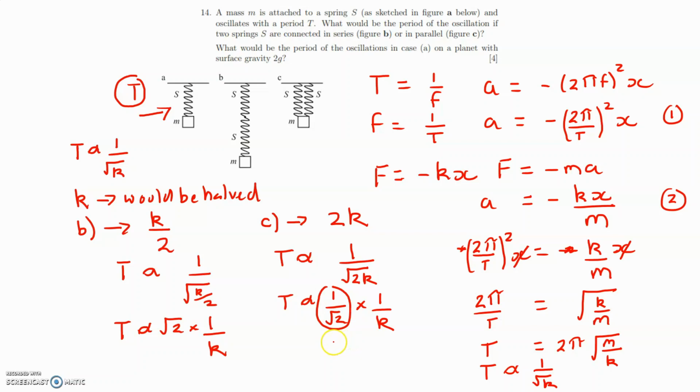So a really nice question there, using physics from year 13 and year 12 to derive the equation for the period of a spring, which is T equals 2 pi root M over K. And that takes us nicely to the final bit, which asks what would be the period of the oscillations in case A on a planet with surface gravity 2g.